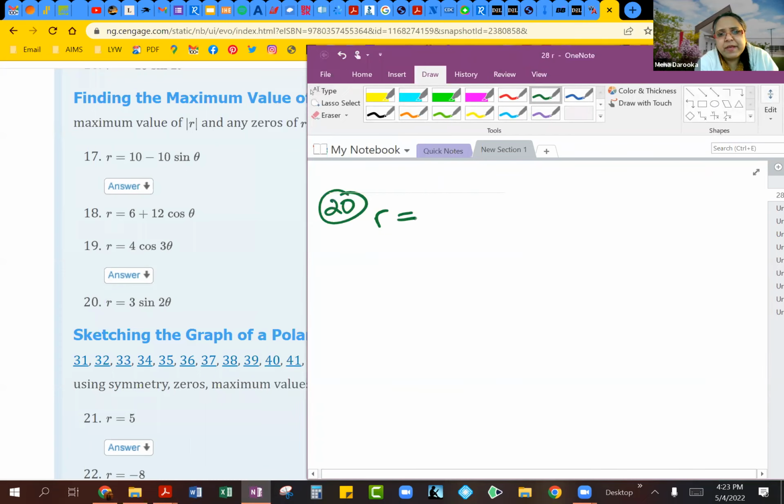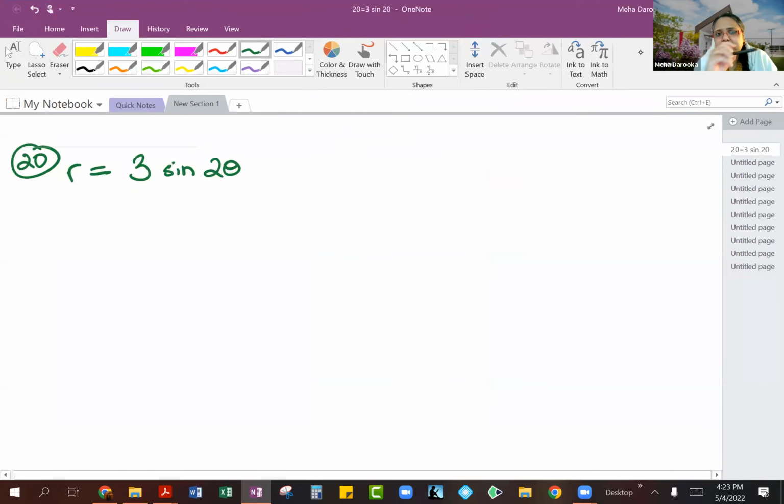Our given equation is R equals 3 times sine of 2 theta, and we're trying to find the maximum and the zeros for the R value.